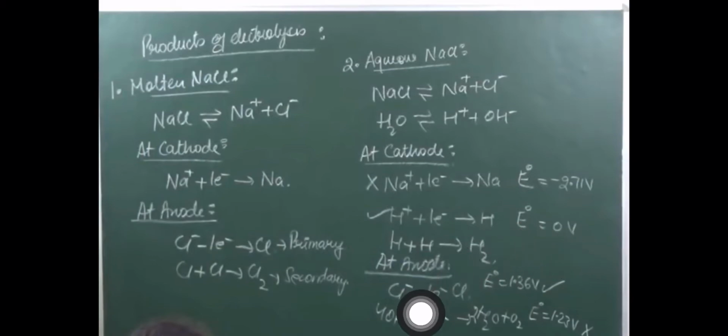Obviously 0. And here which is more positive value? Obviously 1.36. So when we are taking an aqueous solution of NaCl, at the cathode this reaction will be taking place, that is formation of hydrogen will be taking place, and at the anode Cl will be taking place. Understood?